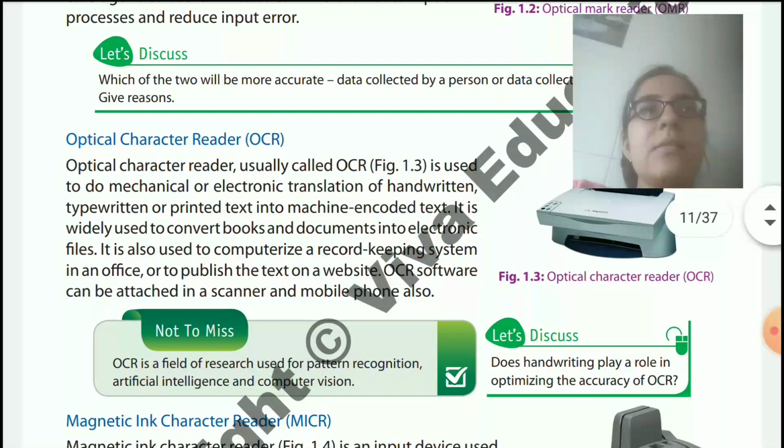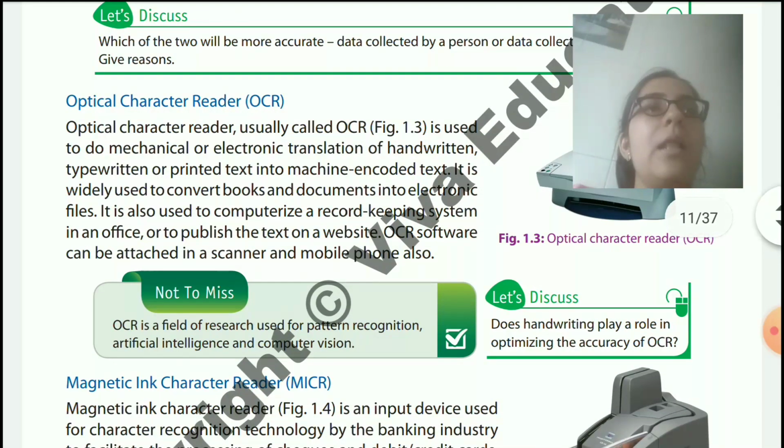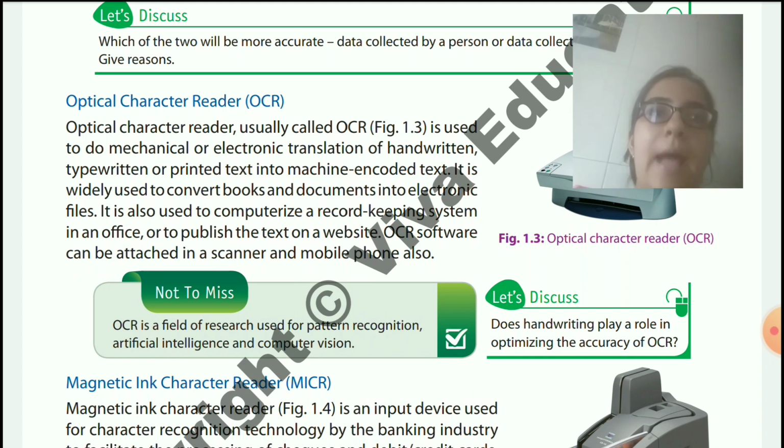Now third is the optical character reader, that is OCR. Optical character reader, usually called OCR, is used to do mechanical or electronic translation of handwritten, typewritten or printed text into machine encoded text.